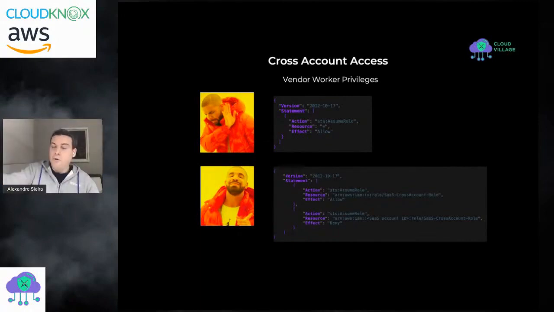So if you have a role lying around that allows for administrator privileges, and that will be the case if your account is part of an AWS organization, then whoever gets those privileges, so if an attacker breaks into your worker, if that human being is a malicious insider, if their laptop or credentials are stolen or something like that, then an attacker can easily use this to escalate privileges and take over the vendor account. So that's a really bad idea.